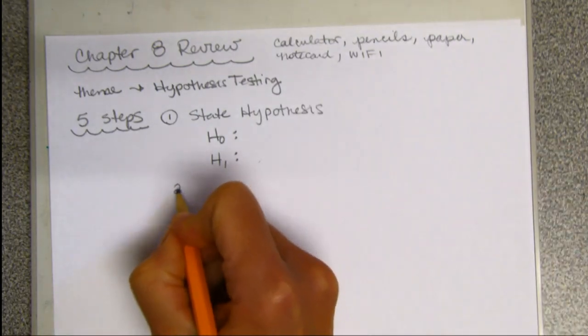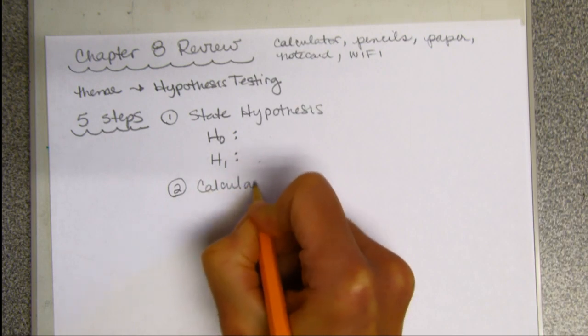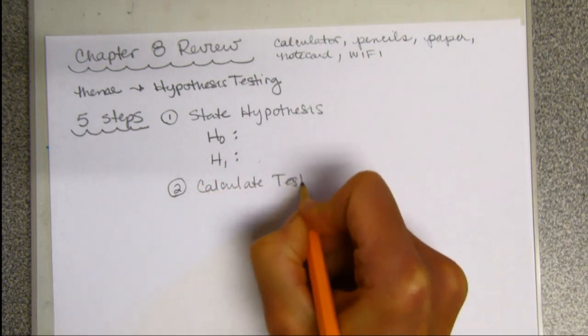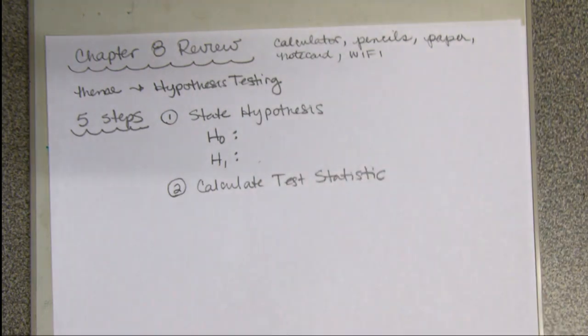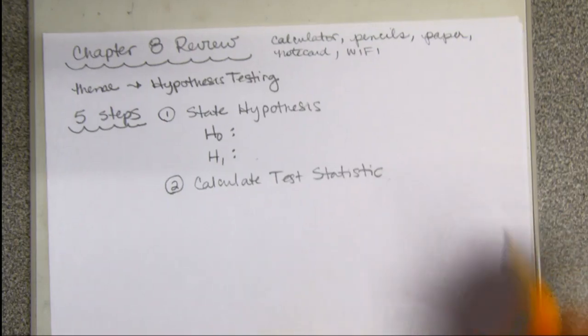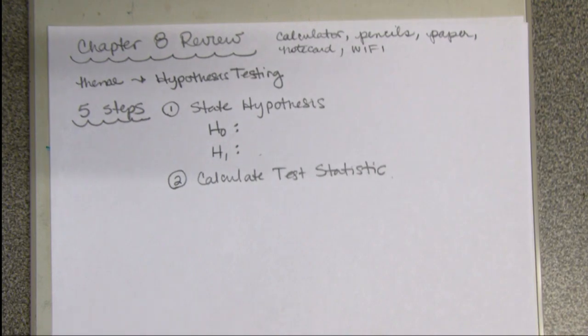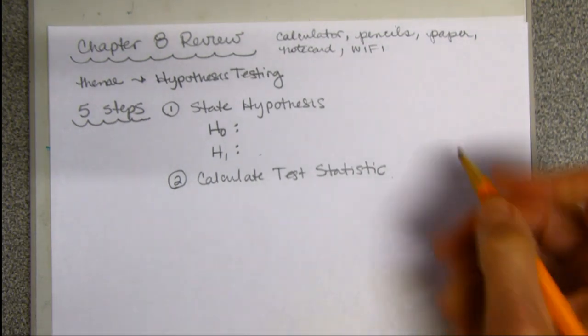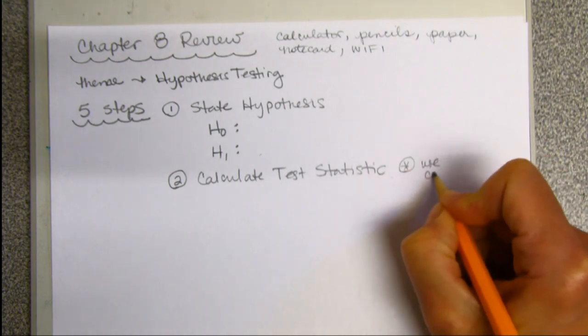Step 2 will be to calculate your test statistic. You have to be super careful here. I think I counted that there's 6 different formulas that could go for Step 2 depending on what you're looking for. So be careful to use the correct formula.